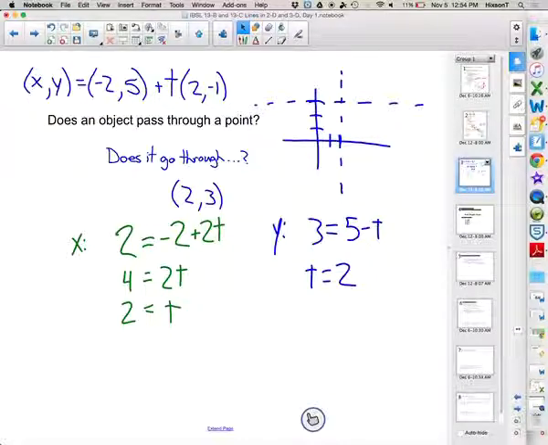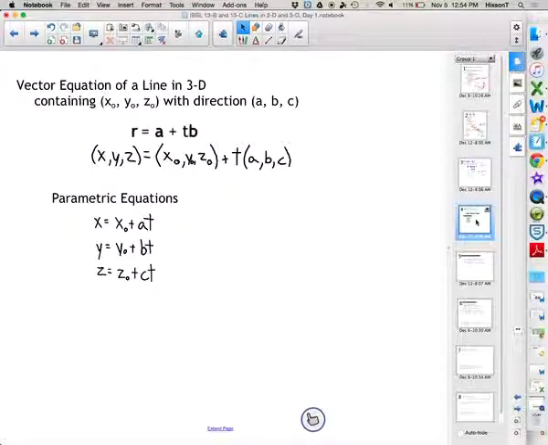So, everything we've done so far has been 2 dimensions. Let's look at 3 dimensions. Like many of the things we've looked at with 3 dimensions, it behaves exactly like the 2 dimensions, we just have this third component that we have to deal with. Okay? So, instead of just x sub naught, y sub naught, it's x sub naught, y sub naught, z sub naught. Instead of a velocity of a, b, it's a, b, c. And instead of just 2 parametric equations, we actually have 3 parametric equations. Okay.